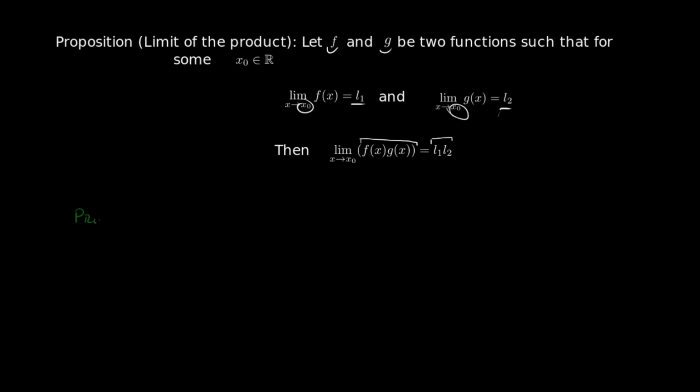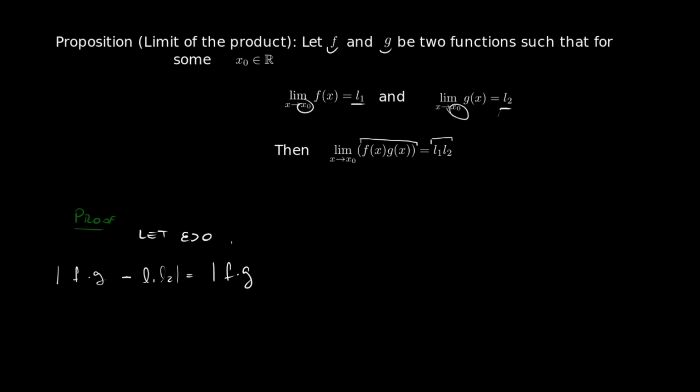The proof is similar to the one we saw for sequences, but it's a bit more complicated, so I recommend that even if you have seen the other one, you stay and look at this one. Again, we have to start with: let epsilon be a number greater than 0. Let's first write the thing we have to bound, that is f times g minus the limit L1 times L2. We want to try and make this smaller than epsilon, so let's first work a bit on this expression.